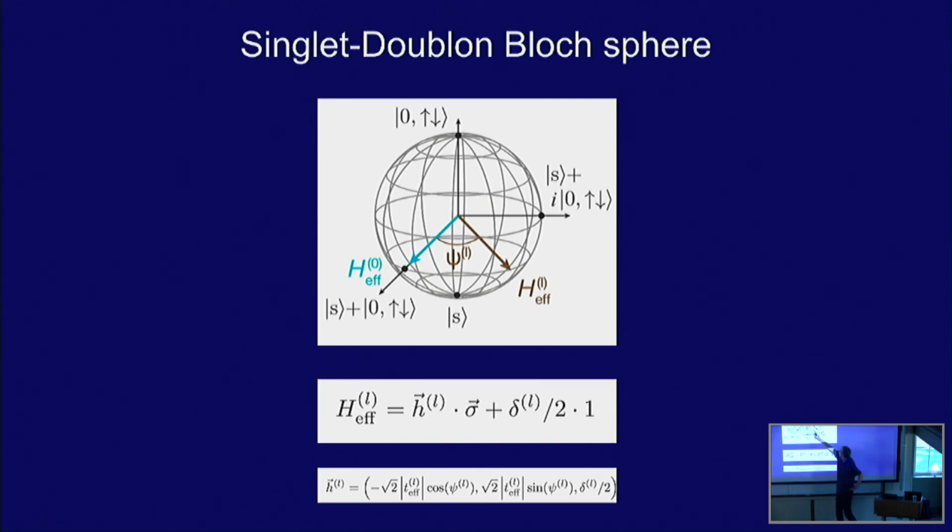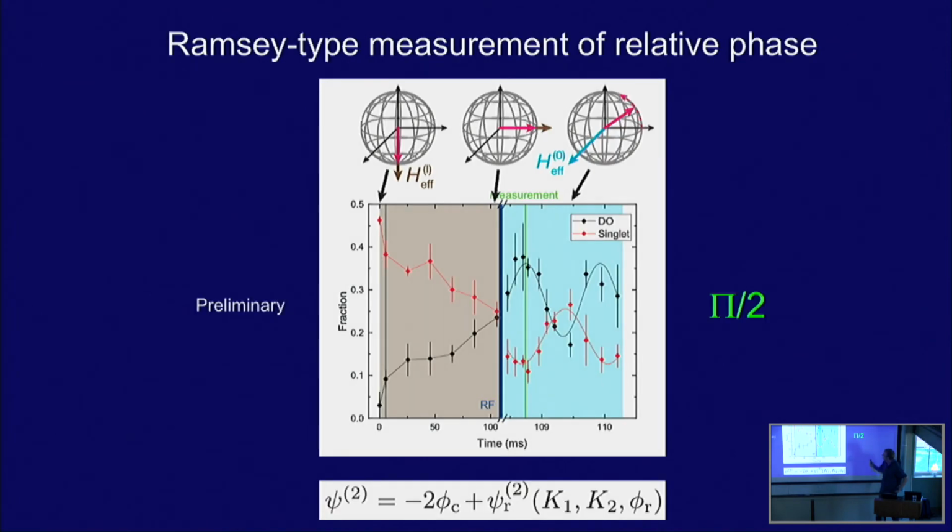So we go adiabatically up with this Hamiltonian. And then we switch to the other Hamiltonian, which is along the x-axis. And then we let the system evolve and measure the double occupancy. So this would go, say, if it started here, it would go up and down again. So that's how we make the measurements.